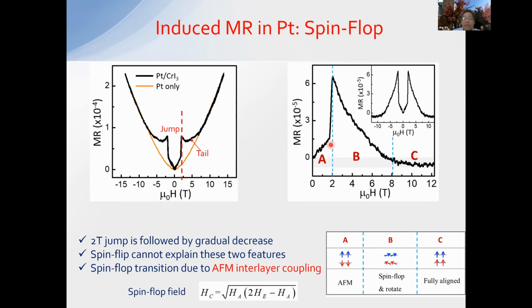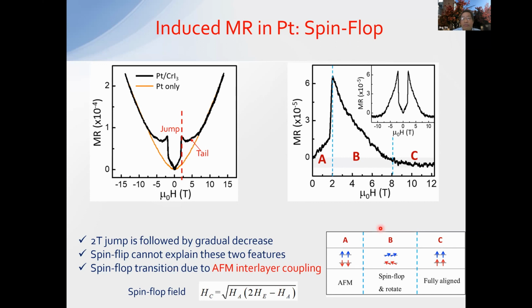And second, if there's a spin flip transition, then after the jump the magnetization is already locked along the applied field direction, so there shouldn't be any gradual change. So from these 2 reasons, we think this is the spin flop transition due to the antiferromagnetically coupled interface layer, because platinum only senses the surface layer or layers of the 2D magnet.